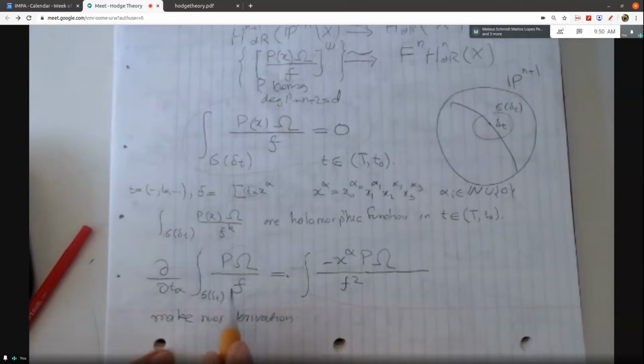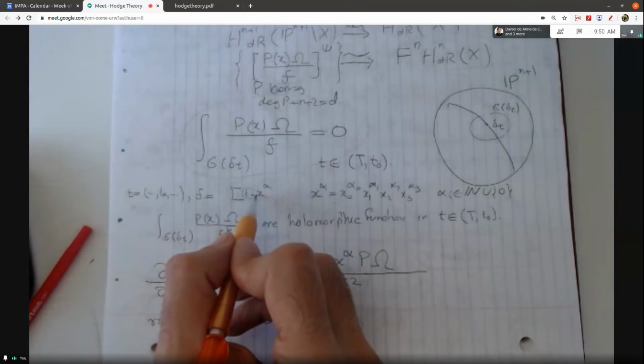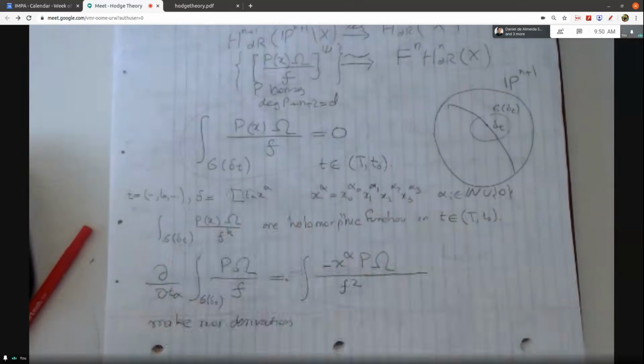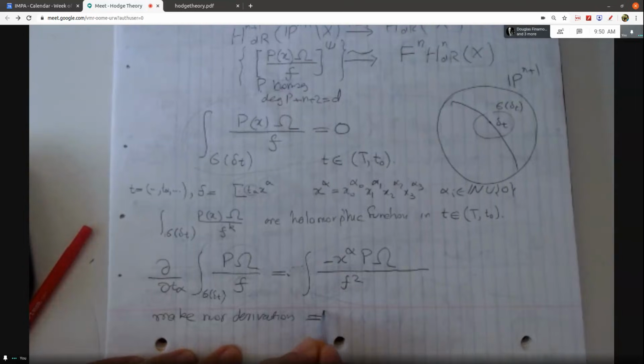This means that the T alpha are all the coefficients of all monomials of degree d. Anyway, if we make all the derivations, we will conclude.